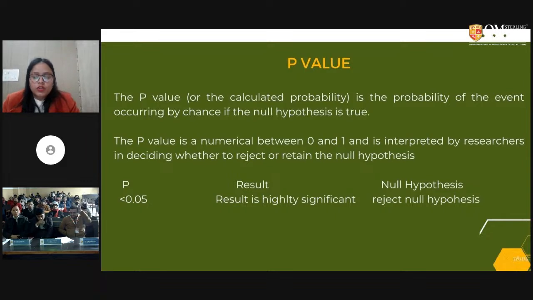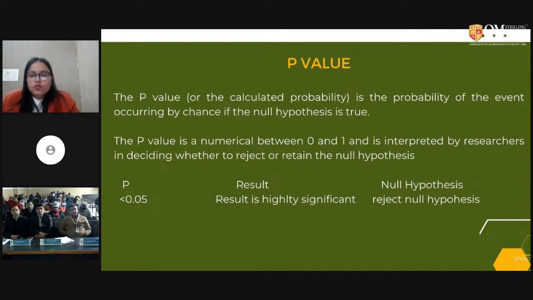Now when we are talking about inferential statistics and we have to accept or reject a particular hypothesis, the p value is very important. P value is basically the probability of an event having occurred by chance.